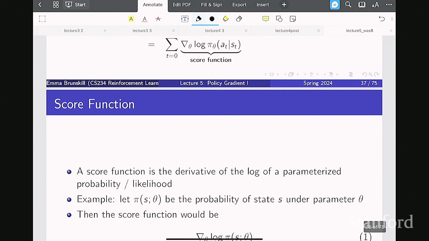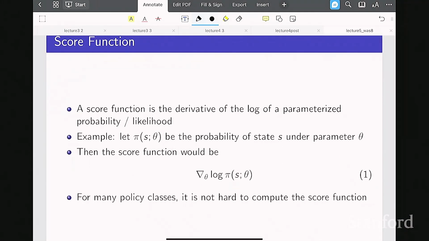All right, I want to make sure that I write it down neatly in terms of the most general form. That's why I'm skipping those right now. One of the things to note here in terms of notation is that people often call this thing here a score function. So this derivative with respect to theta of the log of the policy itself, we often call a score function. The nice thing is that it's generally not very hard to compute the score function.